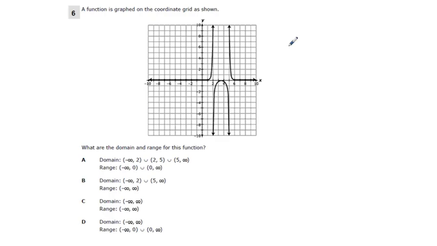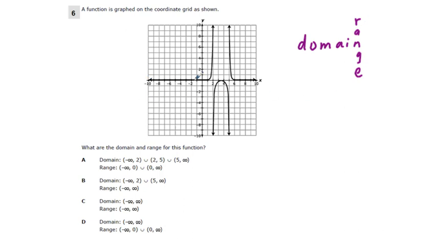Okay, 6. A function is graphed on the coordinate grid as shown. And again, on my word wall, I have this thing right here. Okay, domain would be x values, range would be y values.